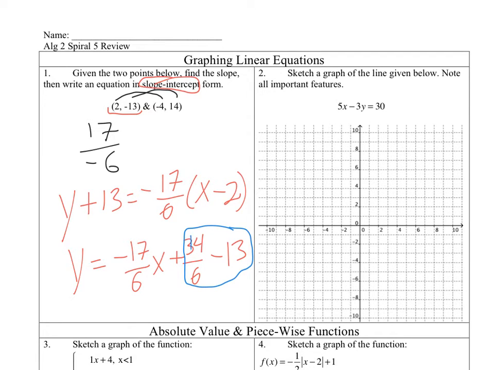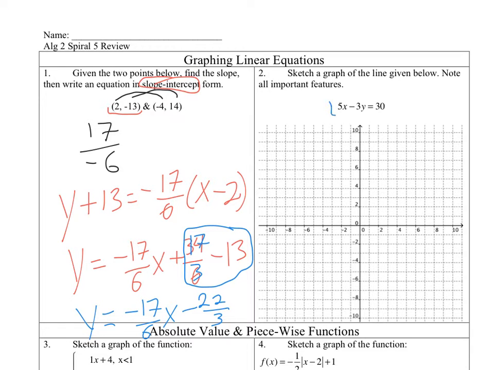That's going to be 17 over 3, and that's negative 39 over 3. Negative 39 over 3 plus 17 over 3 is going to be negative 22 over 3. So y equals negative 17 over 6 x minus 22 over 3 is our answer.